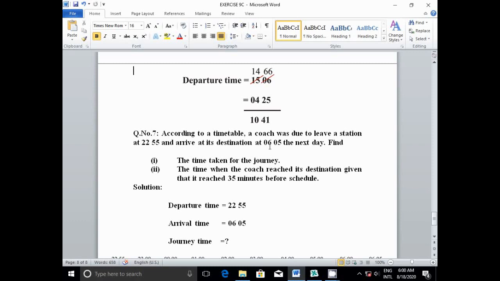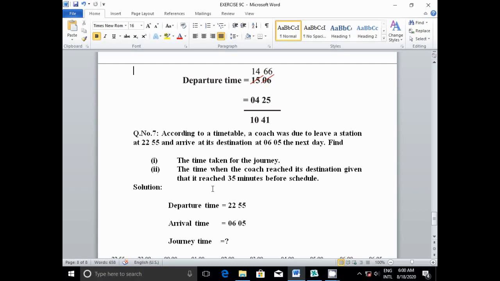We are given the arrival time, which is 6 hours and 5 minutes next day. Now we have to find the time taken for the journey. It means we have to find the journey time. And then in the second part of this question, we have to find the time when the coach reached its destination, given that it reached 35 minutes before schedule.